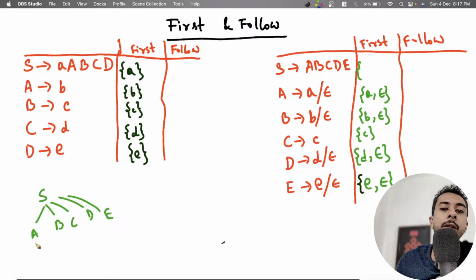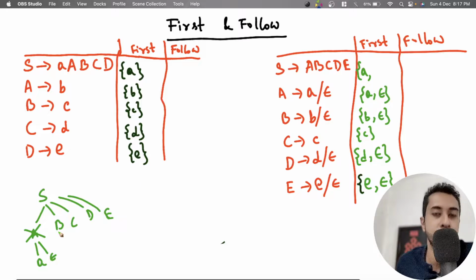A can be replaced by either a or epsilon. If it is replaced by a, then a can be the first. I'll write a here. But it can also be replaced by epsilon. If it is replaced by epsilon, then this A will get nullified.